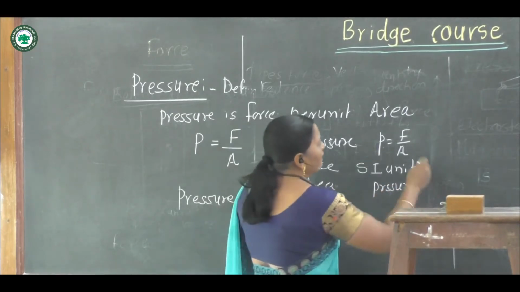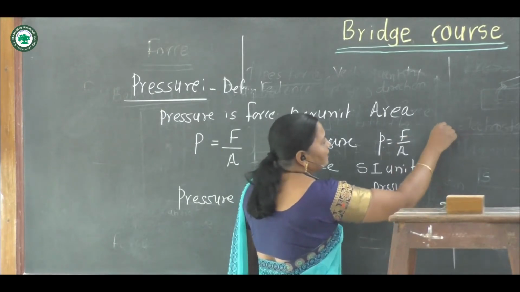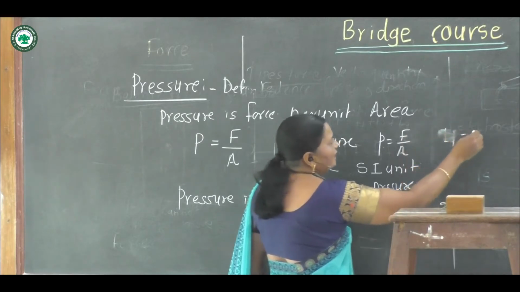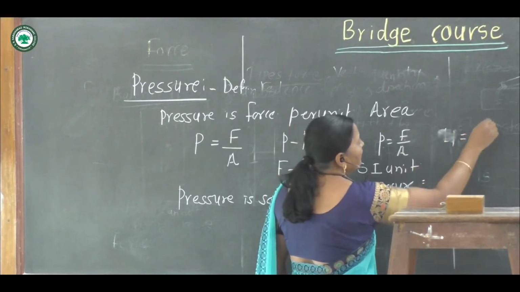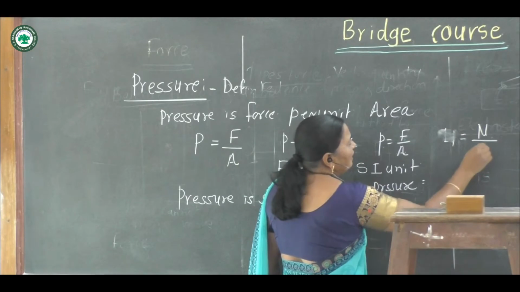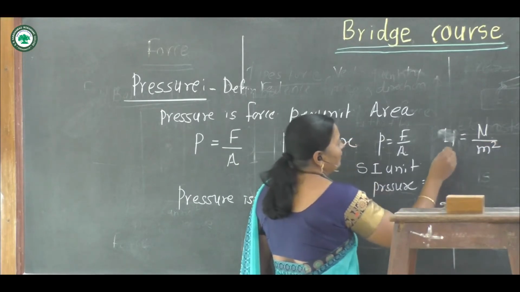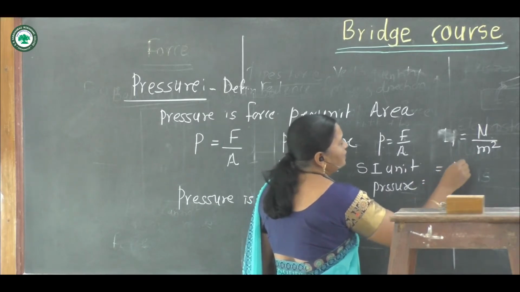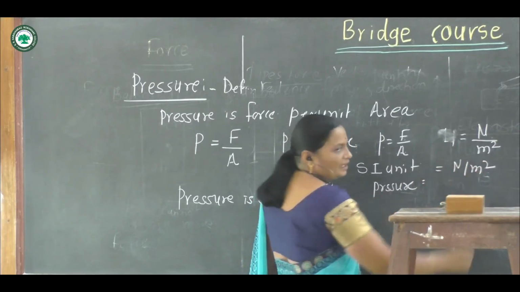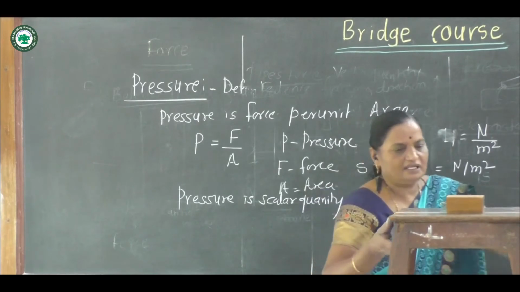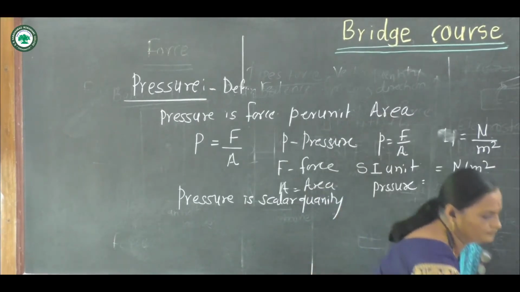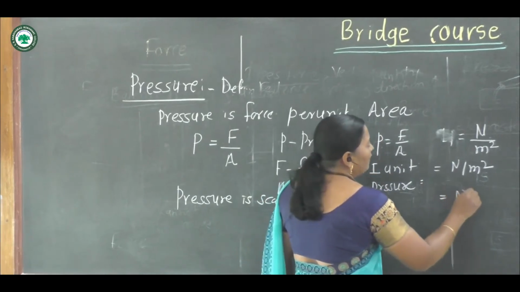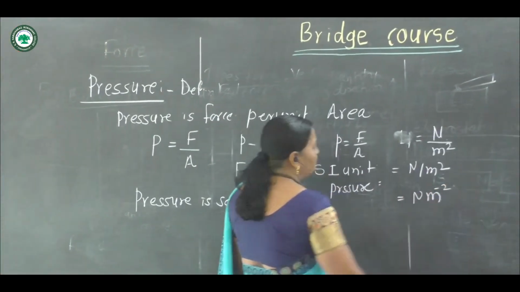Force is measured in Newton, and area is measured in meter square. Therefore, the SI unit of pressure is Newton per meter square. It can be written as Newton meter raised to minus 2.